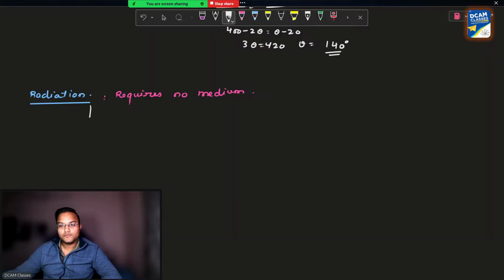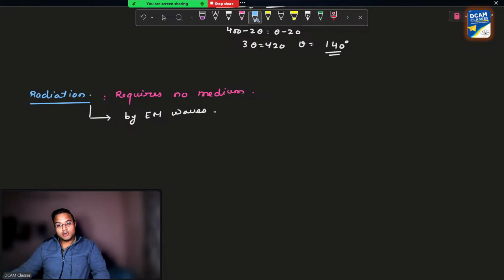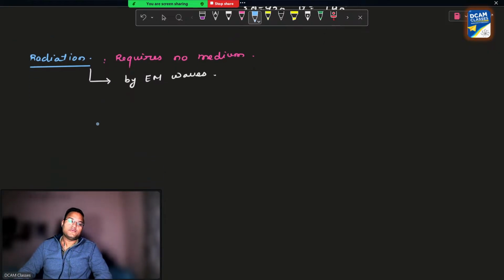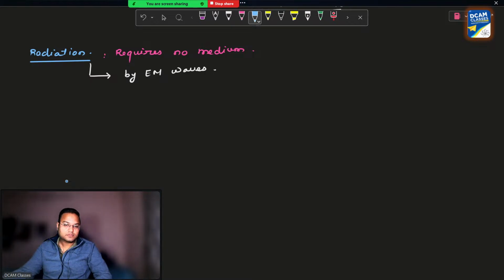First thing. Second is it's by electromagnetic waves. Now coming to important laws which tell us about the radiation and heat transfer.